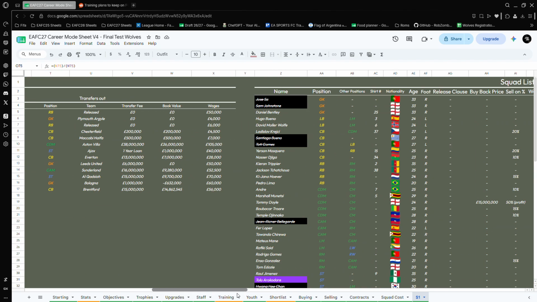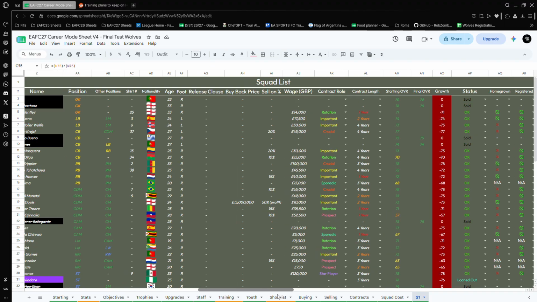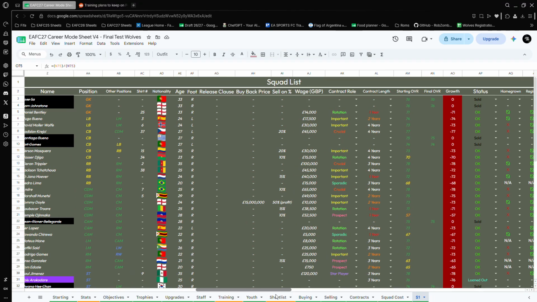Other than that, there's no real major changes. You still have your squad list section where you can fill in the information. I've now changed some of the columns to say release clause, buyback, and sell on, so you can keep track of that stuff. So you can see here Tommy Doyle, who will sign for Man City. The buyback price was 15 million, and they had a 50% profit sell-on clause as well.